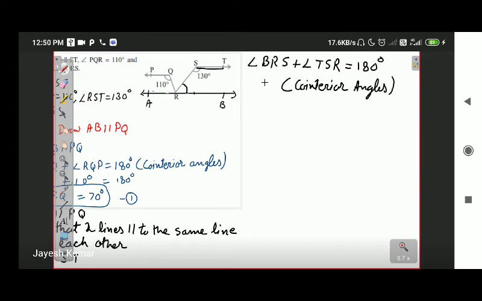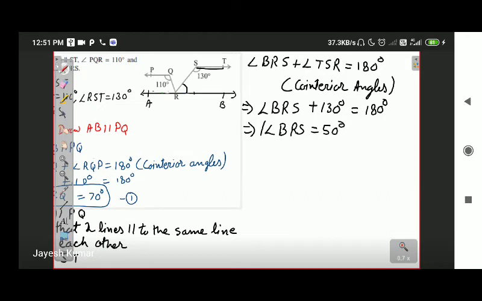We don't know the value of angle BRS, but we know the value of angle TSR, that is 130 degrees. The sum is equal to 180 degrees. If you subtract 130 from 180, the value of angle BRS should be 50 degrees. So in this manner, we determined the value.